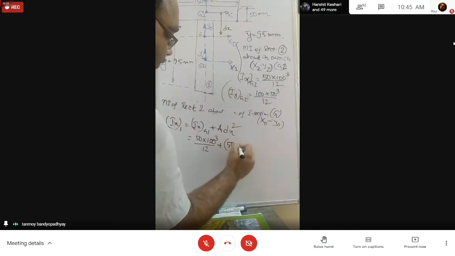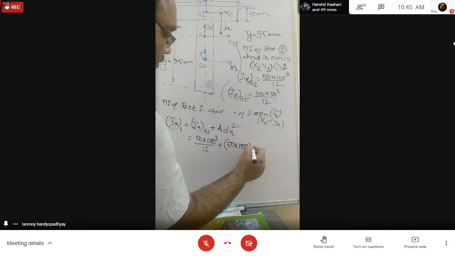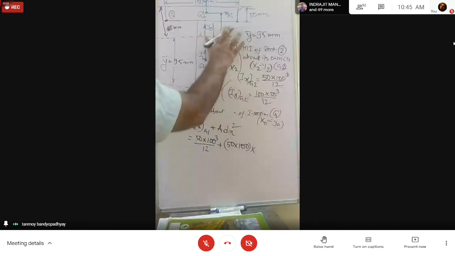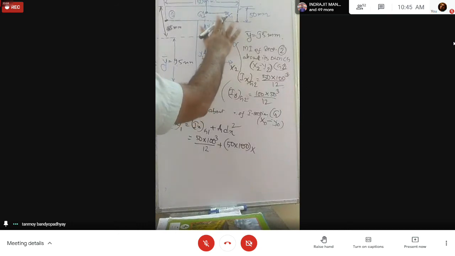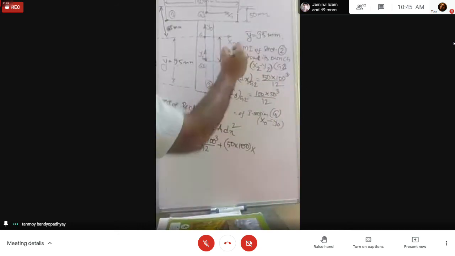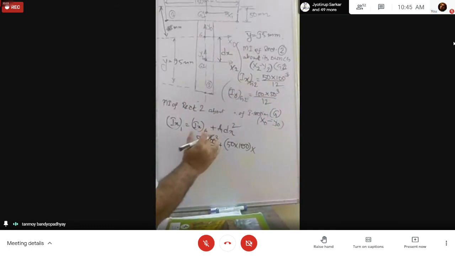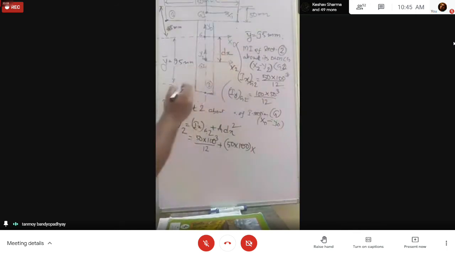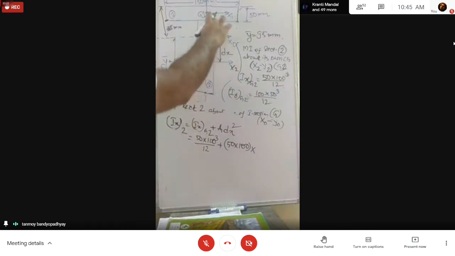So what is the distance between x? Sir, that will be Ix2, right? Ixg2 will be. Yes sir, Ix2 and g2. So 95 minus 50, which is half of this depth.